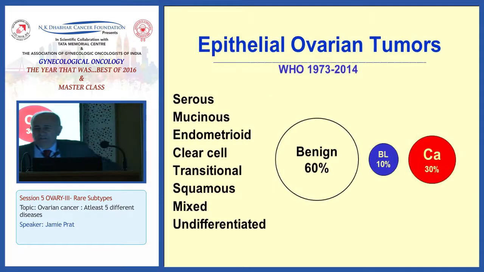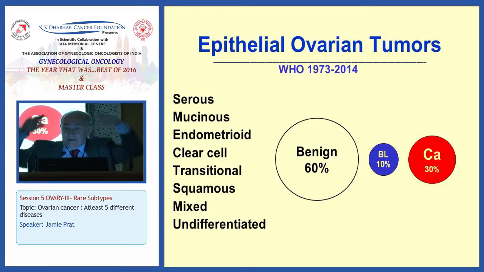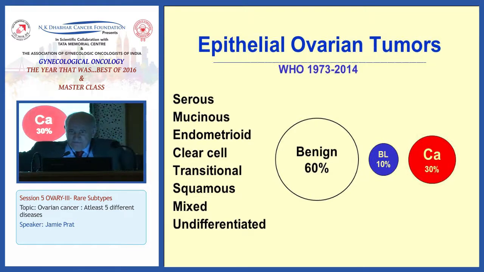And I should start by telling you that the normal ovary doesn't have any epithelial cells. Does it? No. The ovary is covered by the peritoneum, which is a very thin layer of, let's call it mesothelial, not epithelial, right? Because underneath there's a mesenchyme, and the mesenchyme differentiates into epithelial cells.